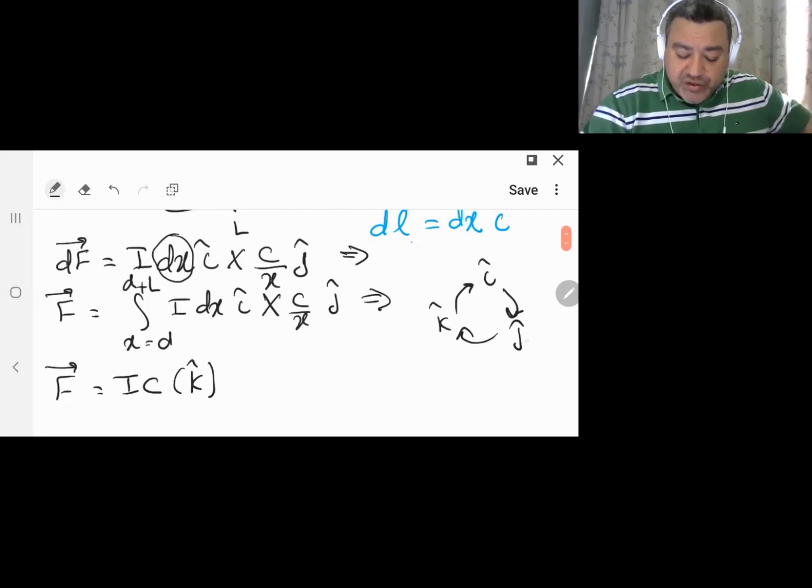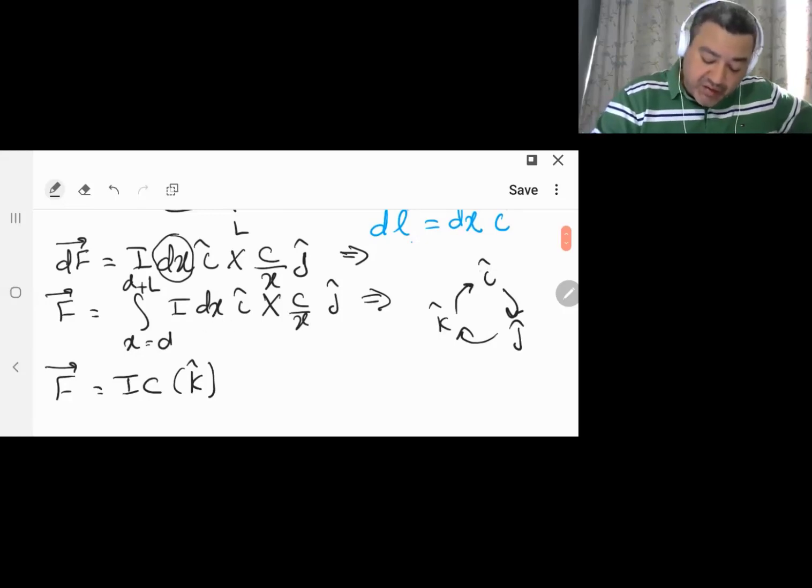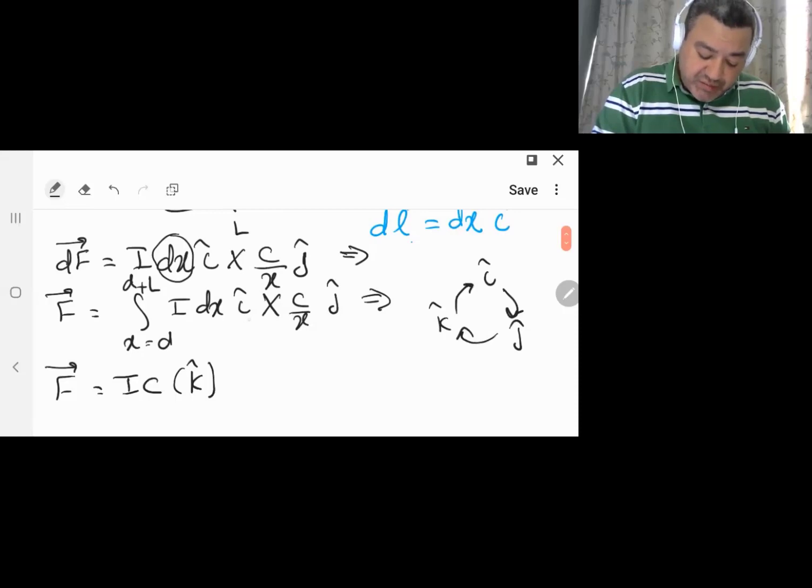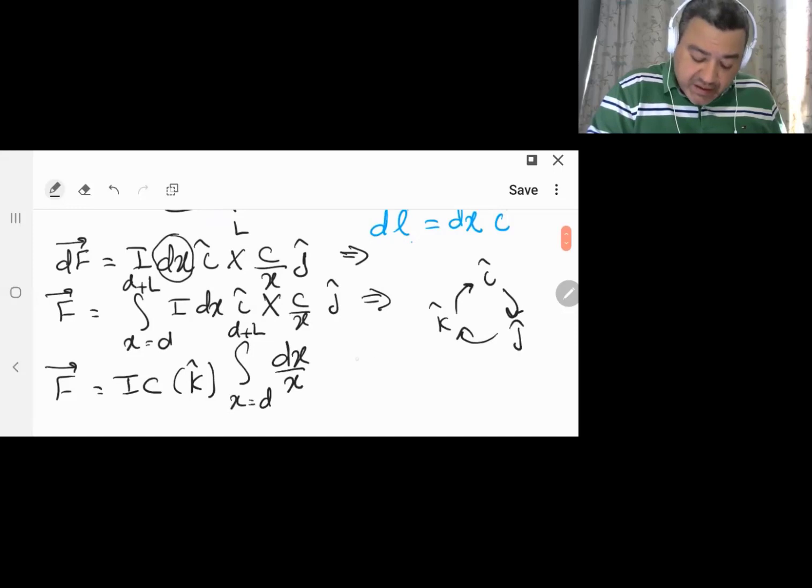However, if I go J hat cross I hat, I'm going in the opposite direction, I will be getting minus K hat. But since I'm going I hat cross J hat, I will be getting K hat. So the cross product here between the I hat and J hat is K hat, and I'm only left here with the integral from X equals D to D plus L of dx over X.